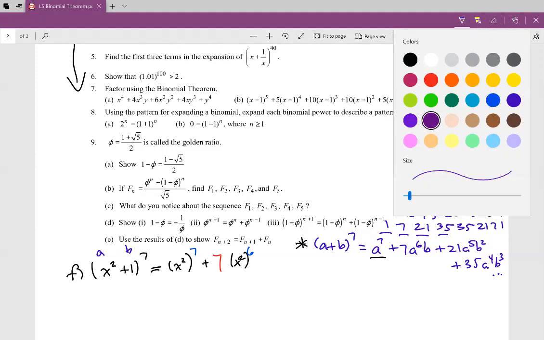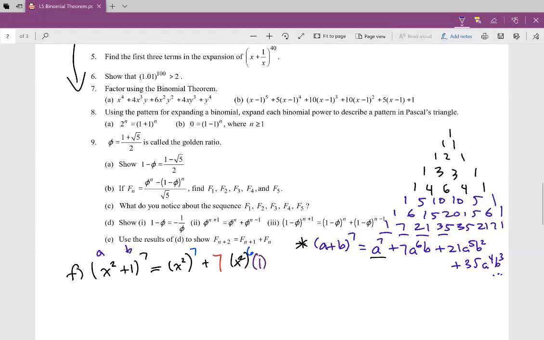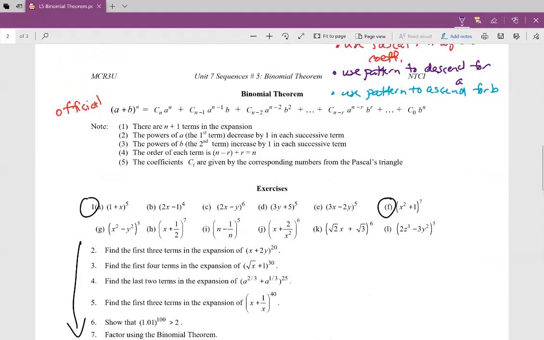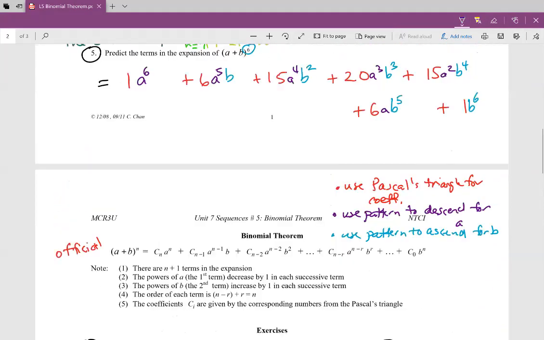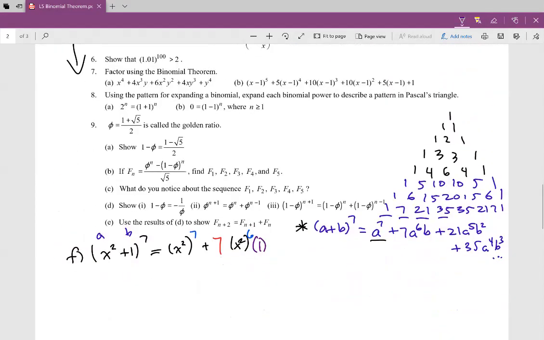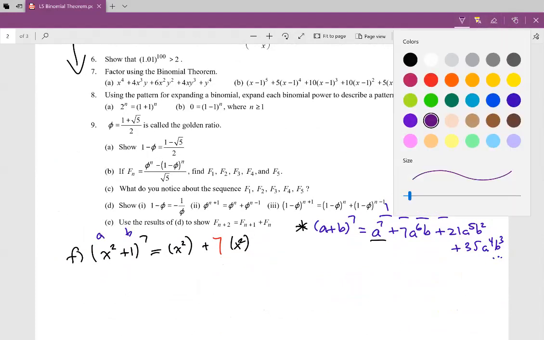That's 1, because that's b. I'm just using different colors, sorry, trying to be consistent with the colors.